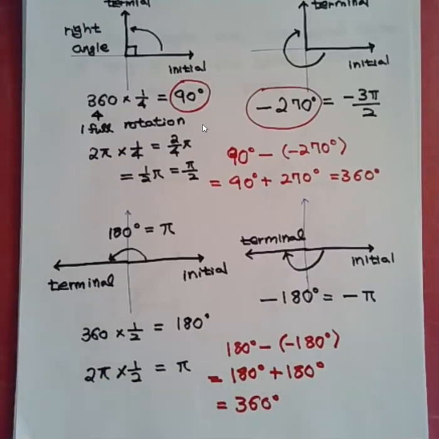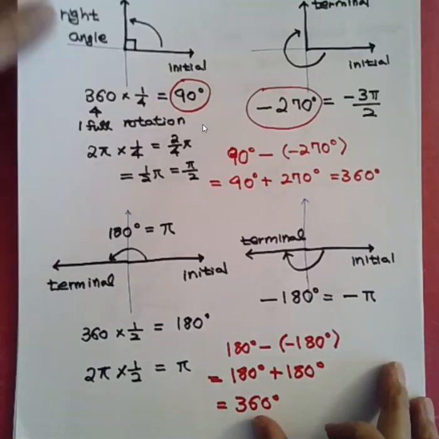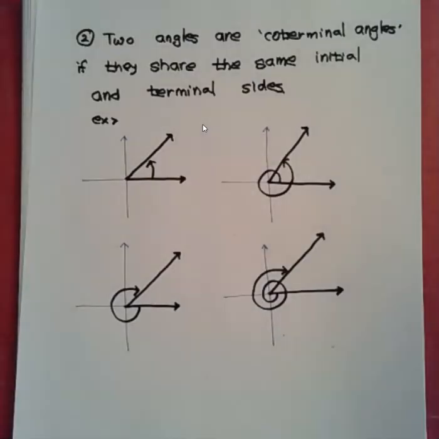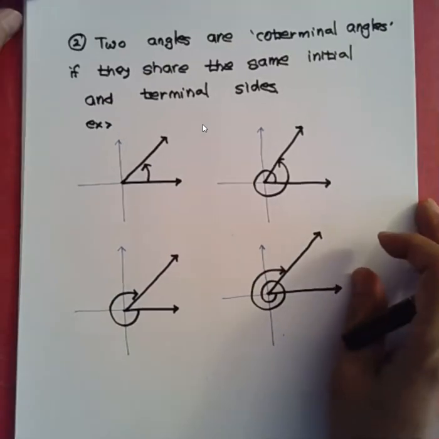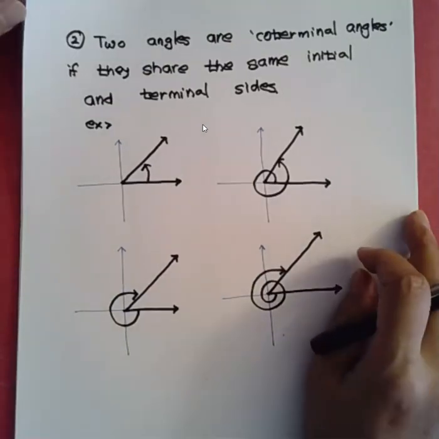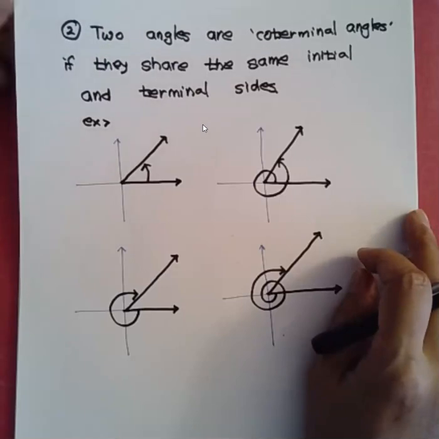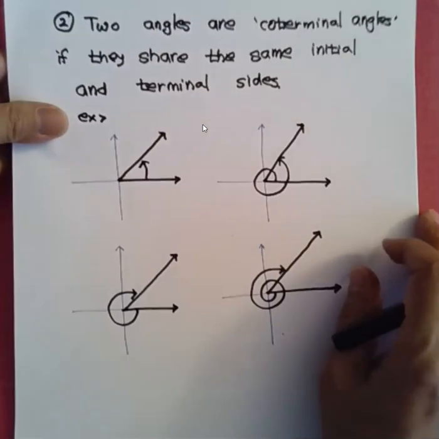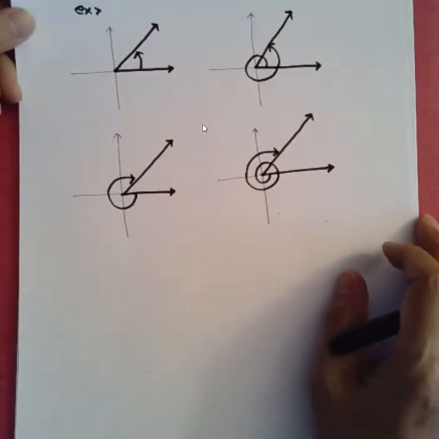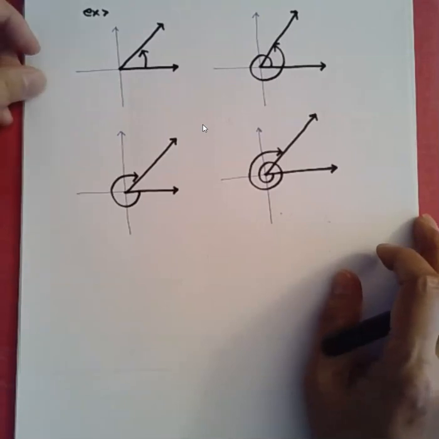You can see that the difference between those angles is 360 degrees. But depending on how many rotations you make, it may become a multiple of 360 degrees. If we describe the same circumstance with radian measure, then we say that coterminal angles differ by a multiple of 2 pi.